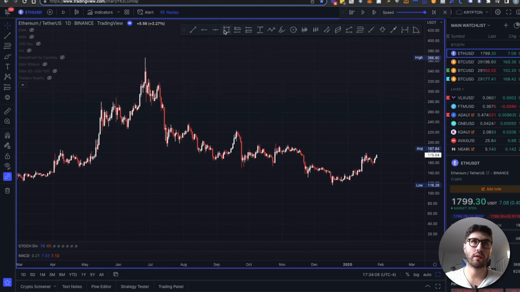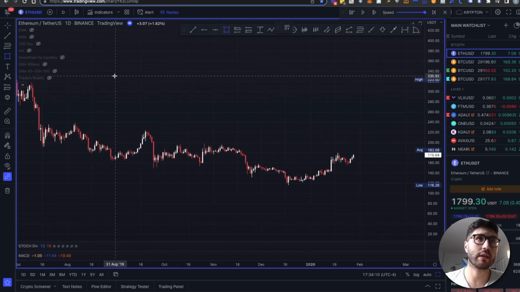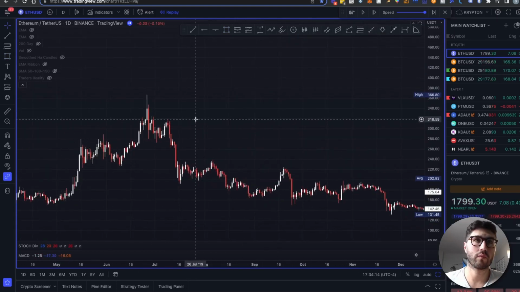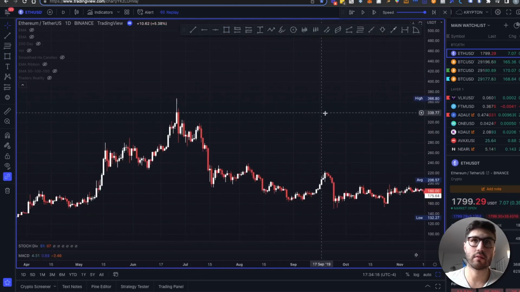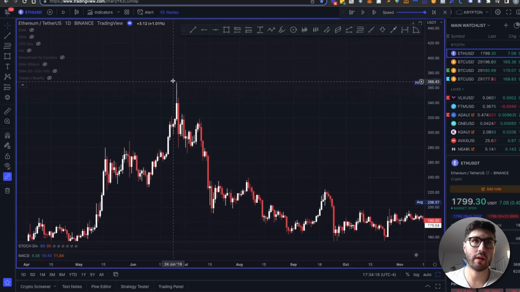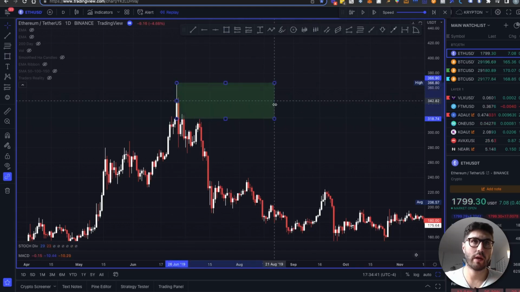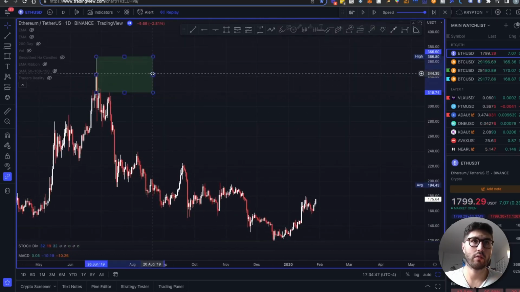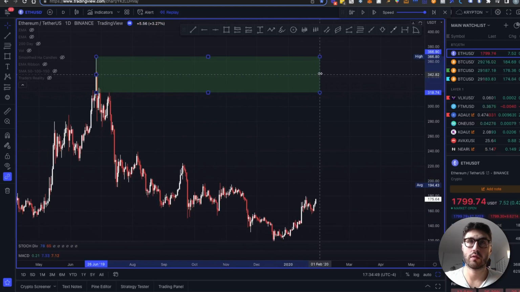So we can consider this candle over here, the last bullish candle before the drop, as a supply zone. Also make sure it's the open of the candle until the high wick. So we can draw this zone right here.